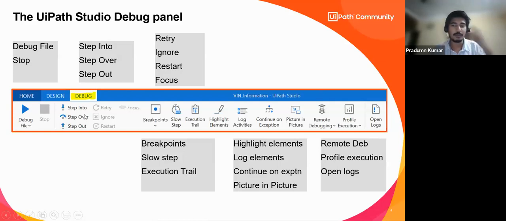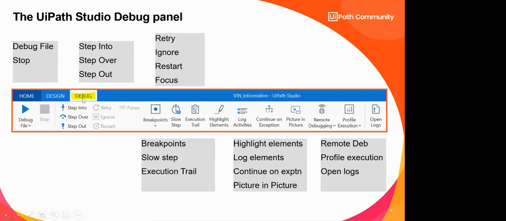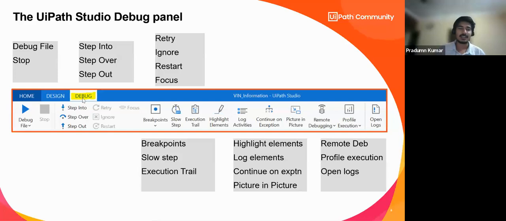If you can open your UiPath Studio quickly, do you remember the debug panel somewhere here on top? Does everyone remember the debug panel? Has everyone noticed it? Yes. Okay, so today's session is all about this debug panel and some things extra.